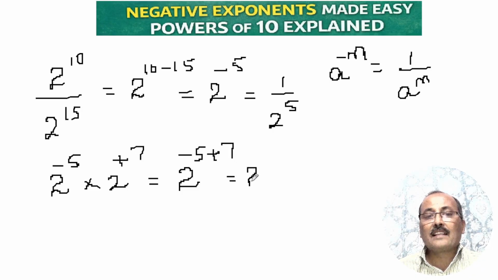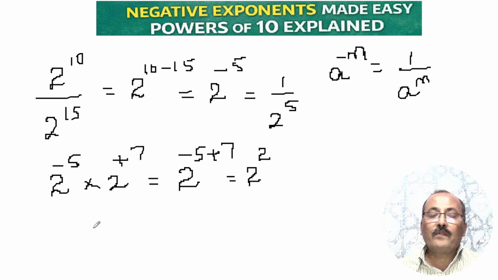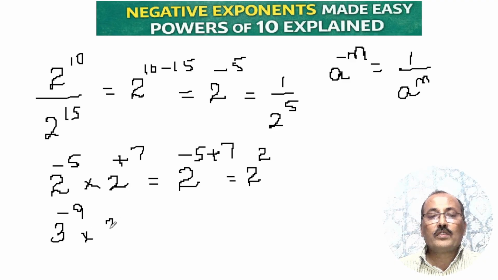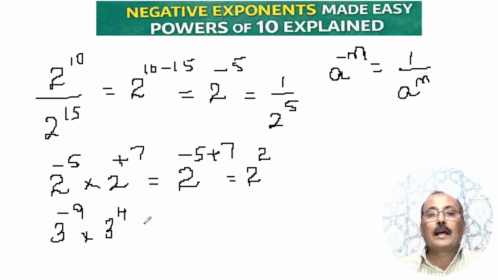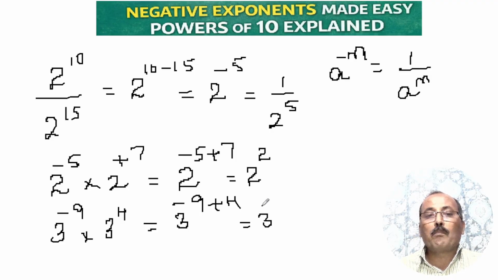So the answer is 2 to the power of 2. Sometimes it may come out negative if you interchange. Let me take 3 as an example: 3 power minus 9 into 3 power 4. What will happen? 3 power minus 9 plus 4, so that is 3 power minus 5 as the answer.